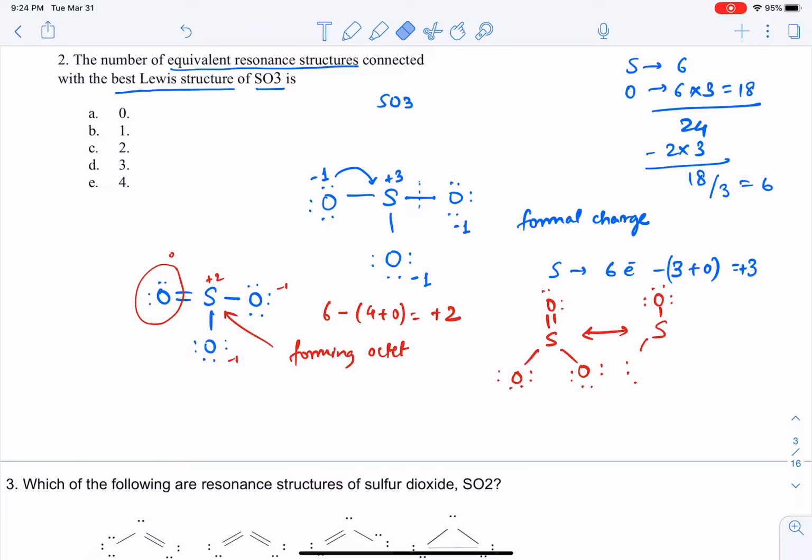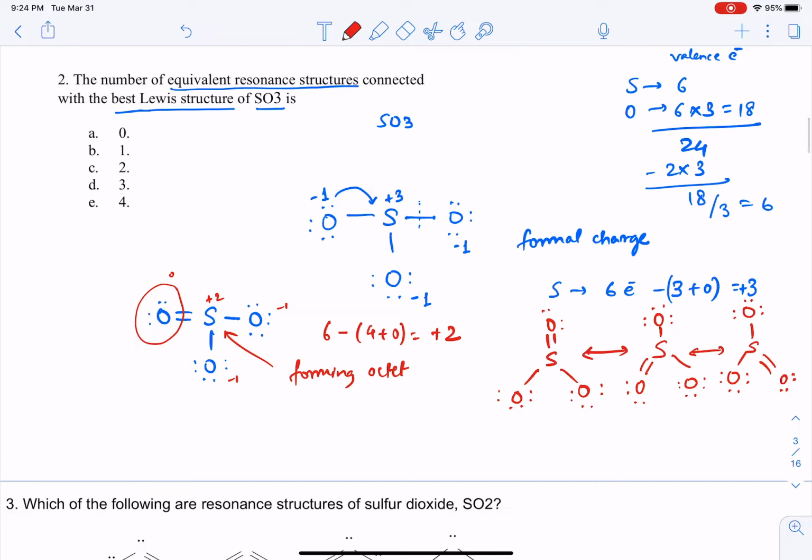So this will be the answer if you consider the octet rule.